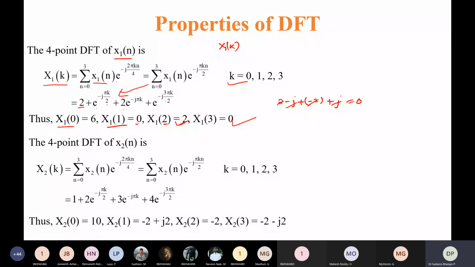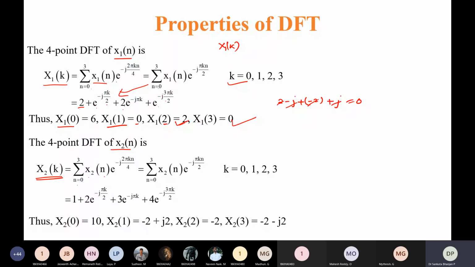In the same manner we have to calculate the 4-point DFT of x2 of n. That is x2 of k, which is equal to summation n is equal to 0 to 3 of x2 of n e to the minus j 2 pi k n divided by 4, which is equal to summation n is equal to 0 to 3 of x2 of n e to the minus j pi k n by 2.